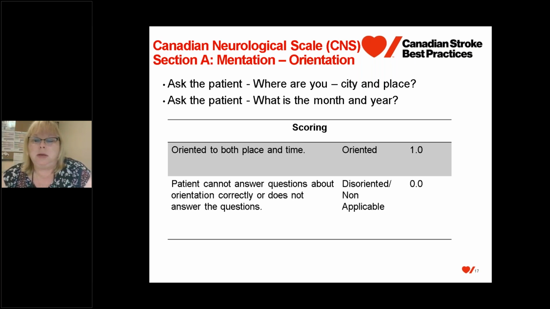Scoring for orientation is either oriented or disoriented. Oriented would be scored if the patient is oriented to both place and time and would receive a score of 1. If the patient is not able to answer the questions about orientation correctly, does not respond to the questions, is not able to speak, the patient would be scored as disoriented or not applicable and receive a score of 0.